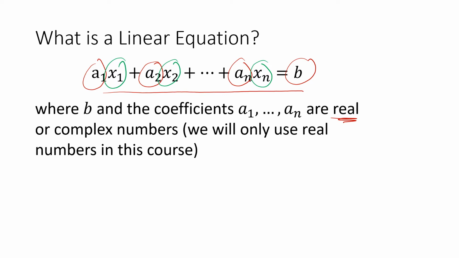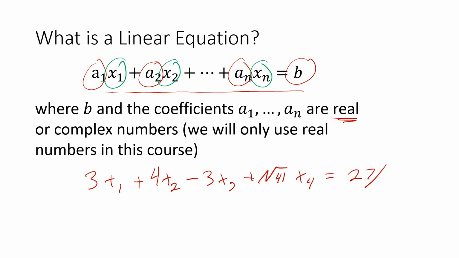So a linear equation looks something like 3x1 plus 4x2 minus 3x3 plus the square root of 41 times x4 equals 27 over 17. That's a linear equation. It's a number times a variable, plus or minus a number times a variable, plus or minus a number times a variable, and so on.